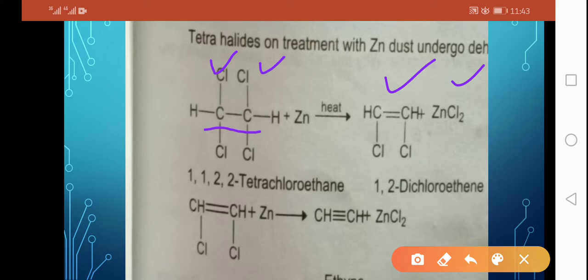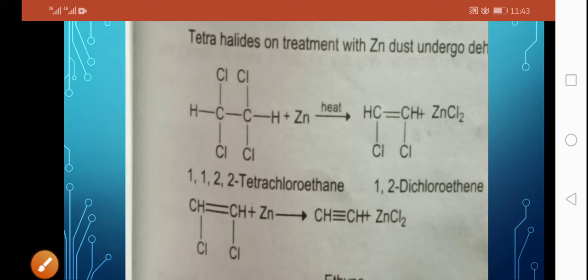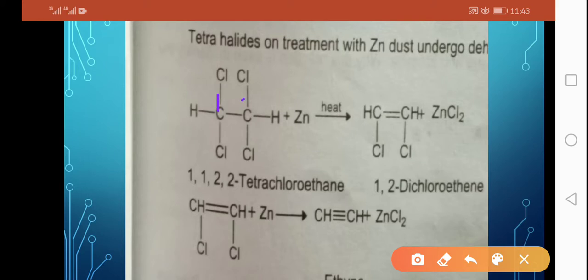You know the naming: if this carbon is given the position 1 and this is given the position 2, both carbons are having two chlorine atoms each. So for this carbon we mention the position of chlorine as 1,1, and for this carbon atom we mention the position of chlorine as 2,2, and tetra means four chlorine atoms, and ethane, as we are having just two carbon atoms which are single bonded to each other.